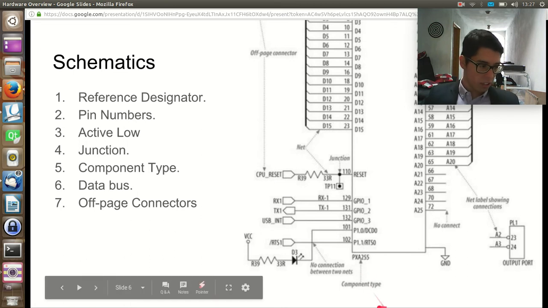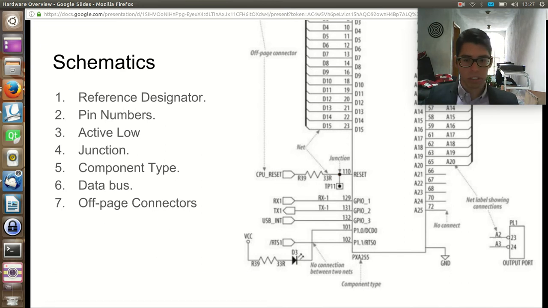There are also some junctions here. It says there's no connection between two nets, but this is a junction, a point in the connection between two wires, or you may also call it a test point. No, it's not a test point, it's just a junction, right?